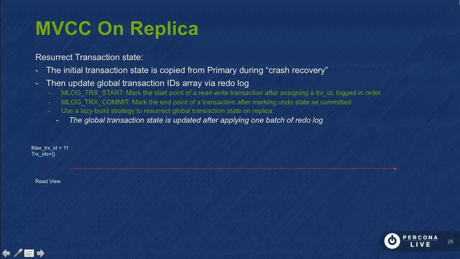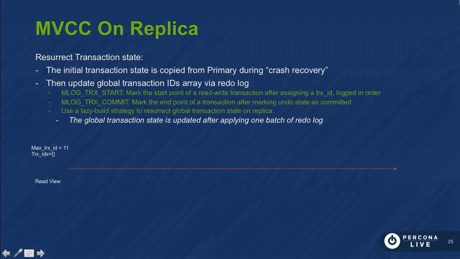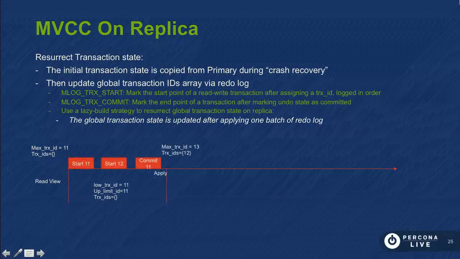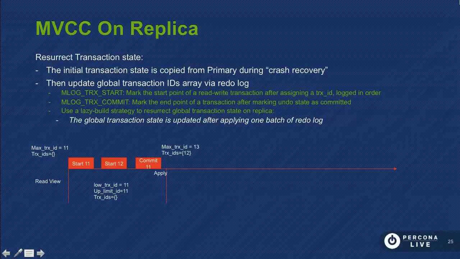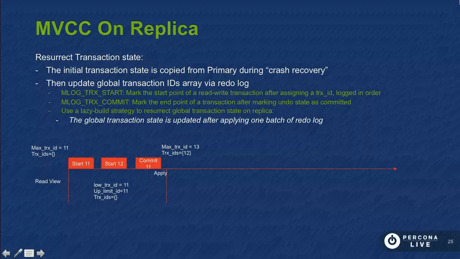Here is an example. The initial max transaction ID is 11, and the first batch of log consists of 2 transactions. It starts transactions 11 and 12, and commits 11.